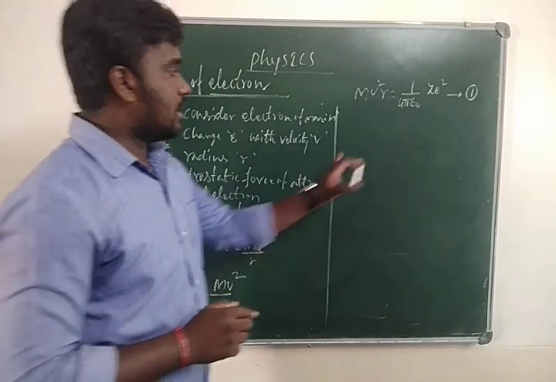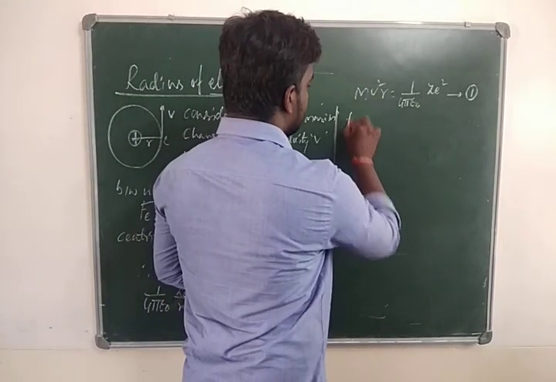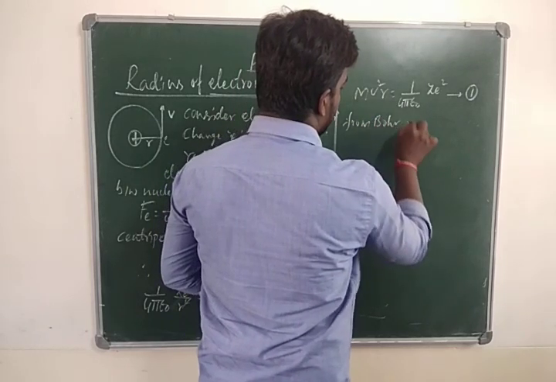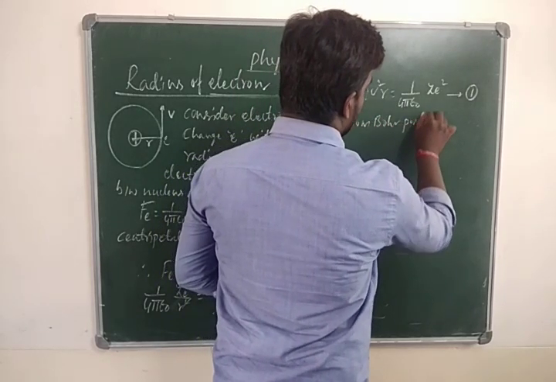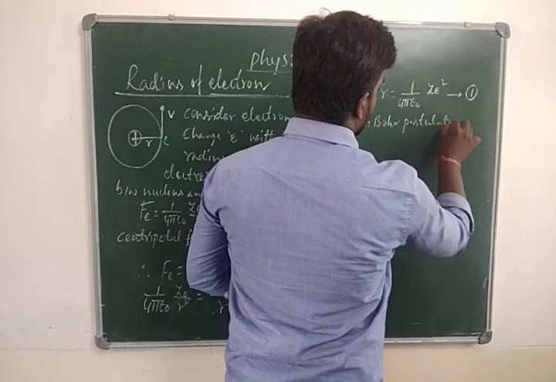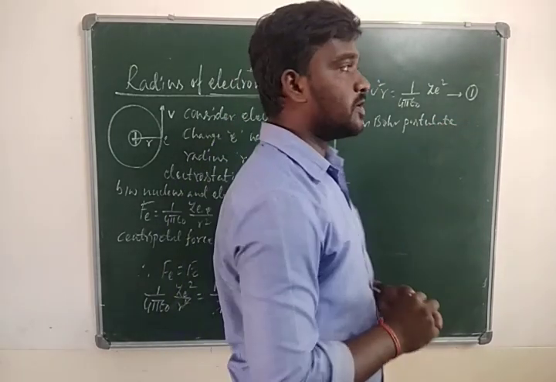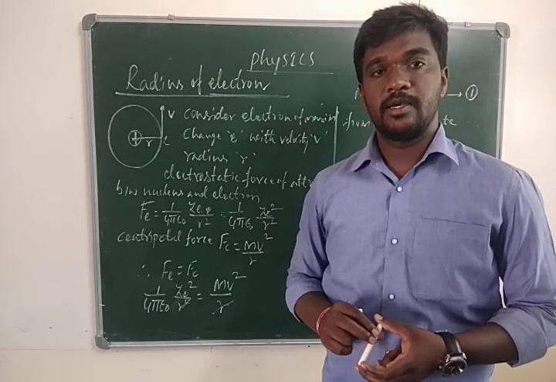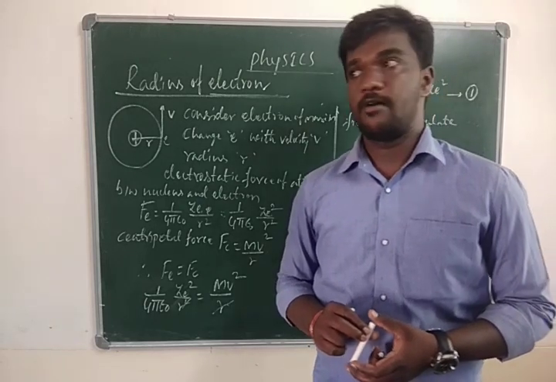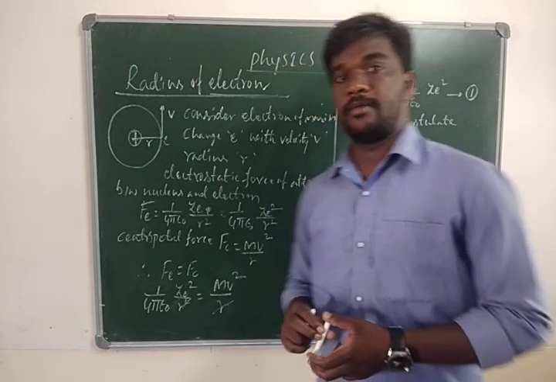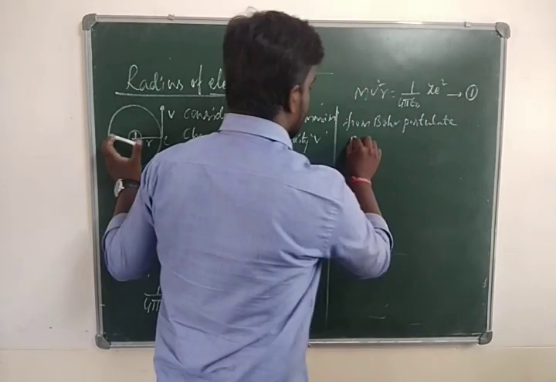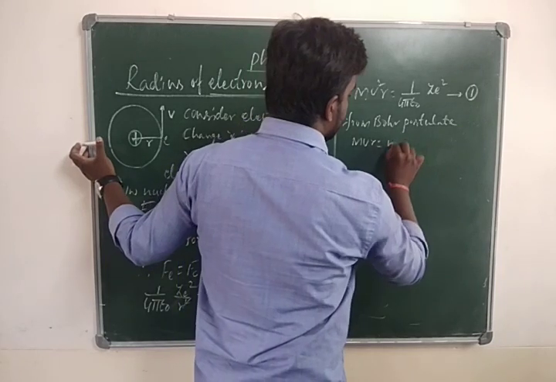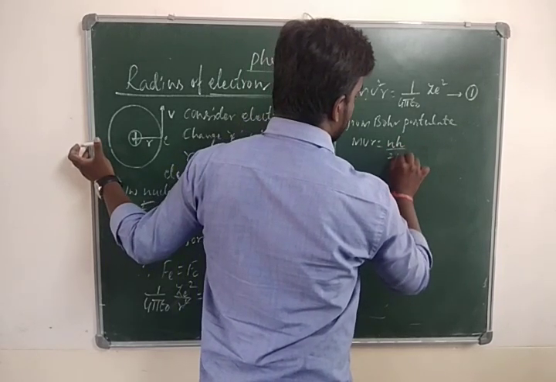Now from Bohr's second postulate, angular momentum is an integral multiple of h by 2 pi. That is, angular momentum mvr is equal to nh by 2 pi.